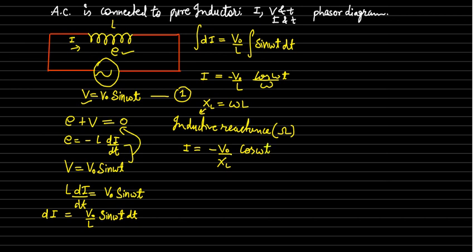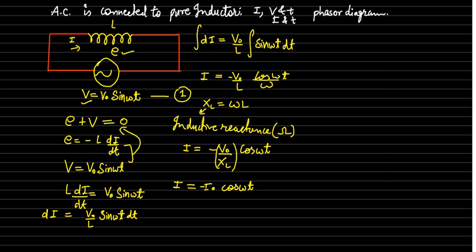Now one more thing: V naught upon XL we will write as the maximum current. So it becomes I equals minus I naught cos omega t.